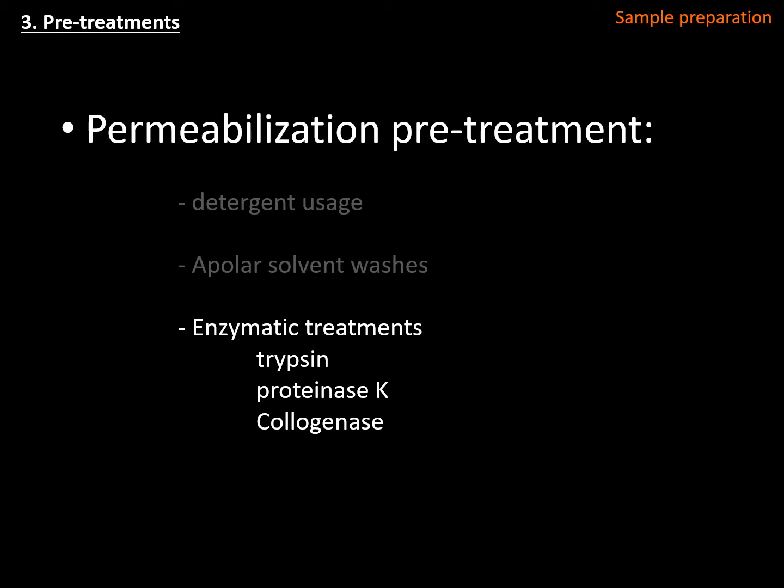Lastly, collagenase is also a very good option because most animal tissues have a collagen-rich extracellular matrix that is very impermeable, and treating with collagenase permits a very directed degradation of collagen and higher permeabilization capability in your sample.